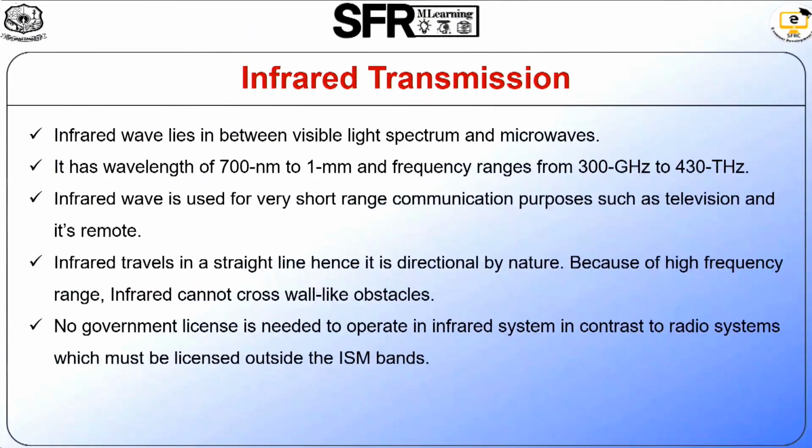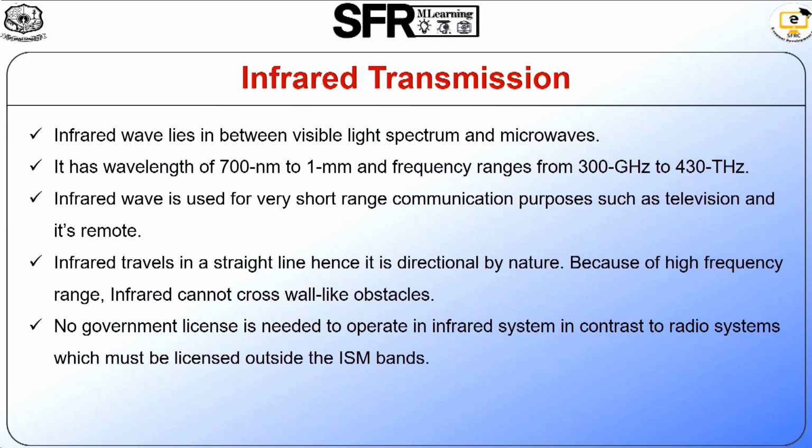So next one is infrared transmission. Infrared waves lie in between the visible light spectrum and microwaves. It has a wavelength of 700 nanometers to 1 millimeter and frequency ranges from 300 GHz to 430 terahertz. It is used for very short range communication purposes, for example, television and its remote.